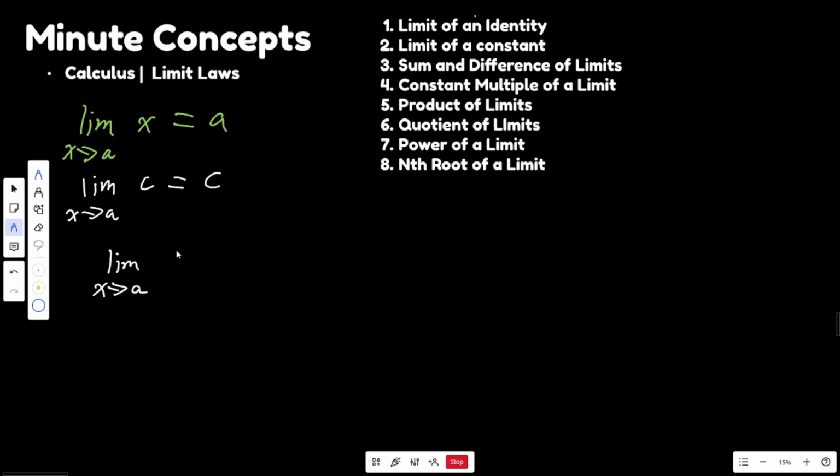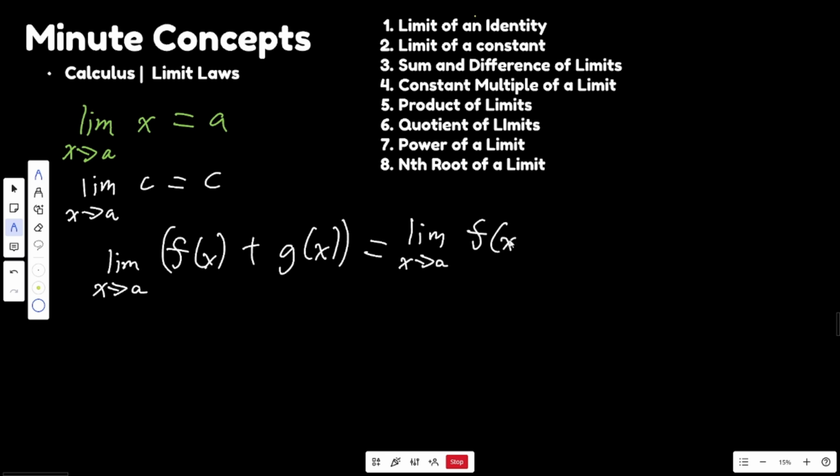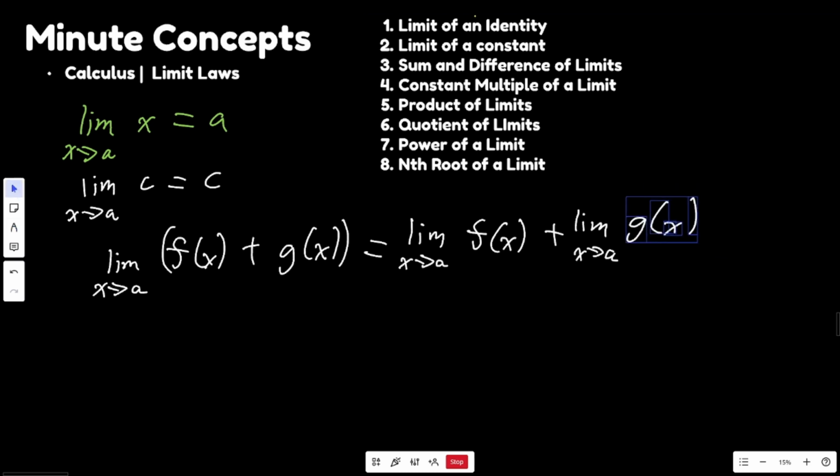The limit as x approaches a of f of x plus g of x, for example, is also equal to the limit as x approaches a of f of x plus the limit as x approaches a of g of x. So we're essentially distributing our limit statement.